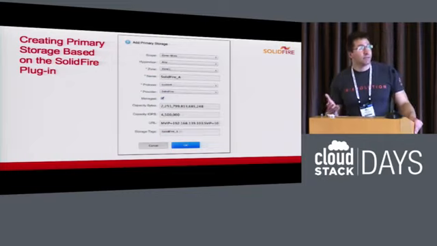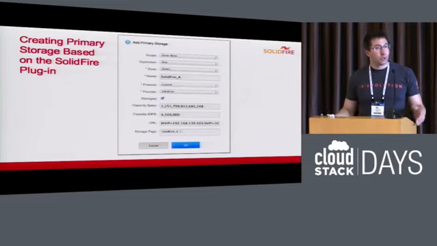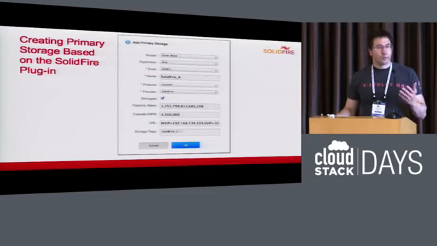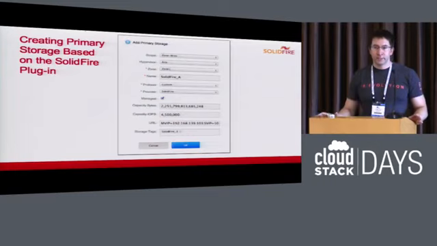If you're familiar with storage tags in CloudStack, this works exactly the same. This is just a way to describe your primary storage so that when the time comes to execute a compute offering or a disk offering, that offering has a list of storage tags, and those are basically requirements. The storage you put this data disk or root disk on has to support this list of storage tags.